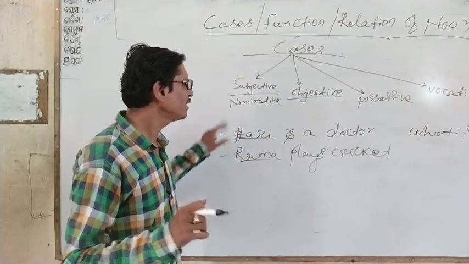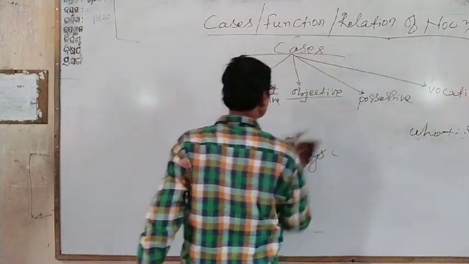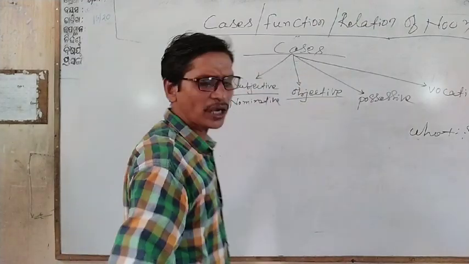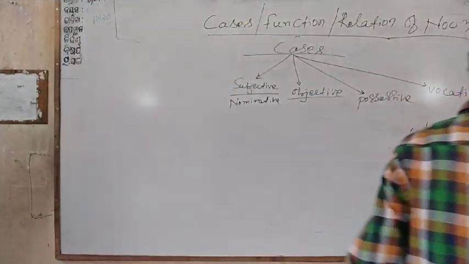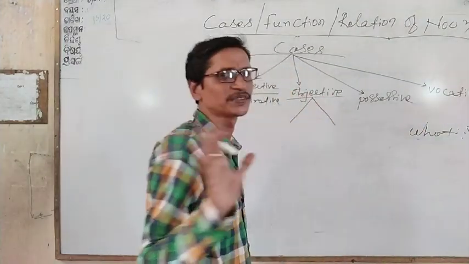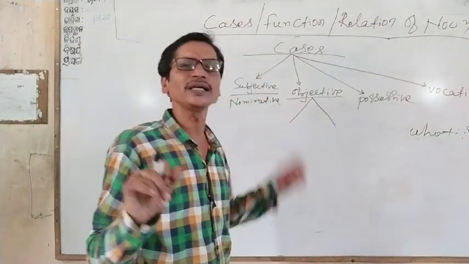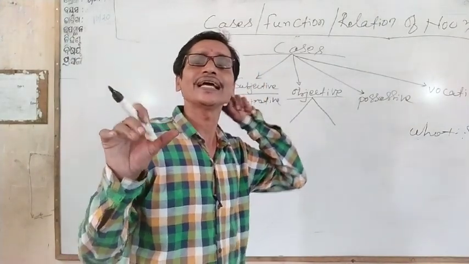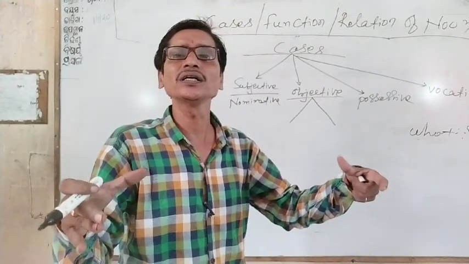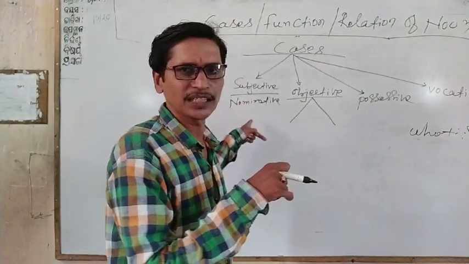Okay? So now let's discuss the objective case of noun. When we talk about the objective case of the noun, it is when the noun is used as an object. Now we understood the nominative or the subjective case.